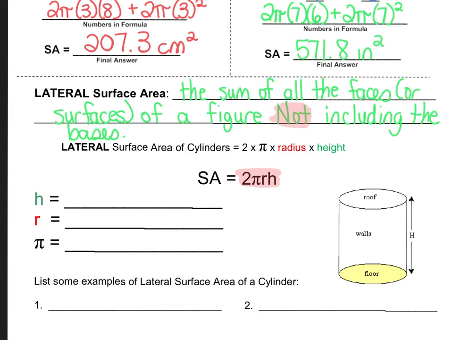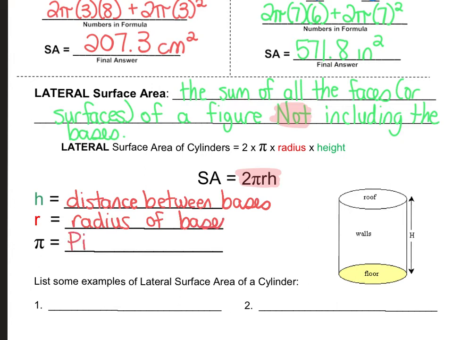Again, we'll define that the h is the distance between the bases, that the r is the radius of the base, and that the pi is the pi, but use the pi button.